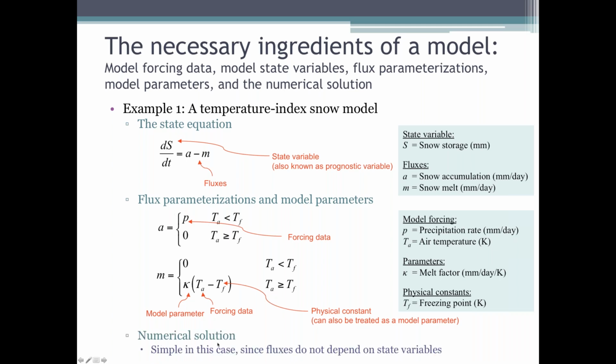In this case, the numerical solution is quite simple because the fluxes do not depend on the state variables. So the amount of snow melt is not going to change as a function of how much snow is already there in this particular model. The amount that snow accumulates also in this case is not going to depend on the snow that's already there. So you don't have to worry so much about your time step and your numerical solver for this simple model.